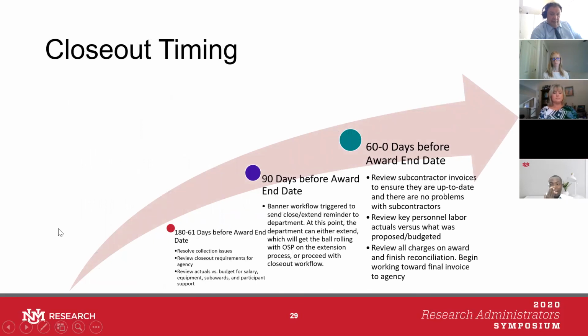So here is a snapshot of our closeout timing process. Because of time, I'm not going to go through all of it, but I'll just highlight a few things. Usually the process starts about 6 months leading to the end of the award.